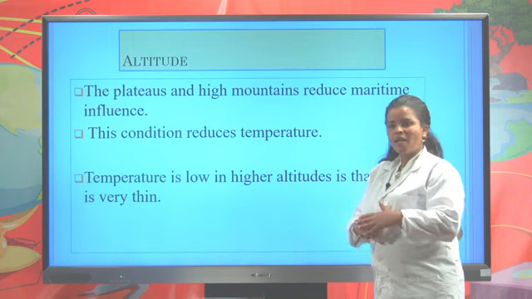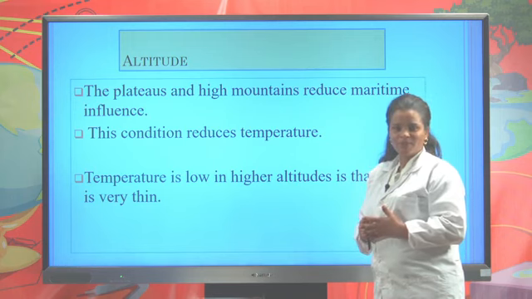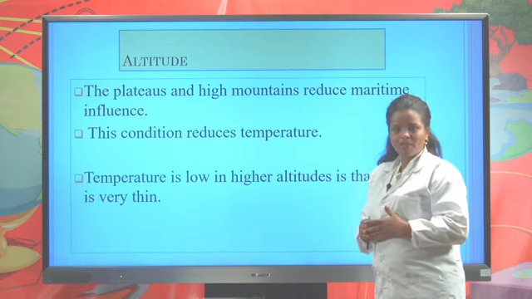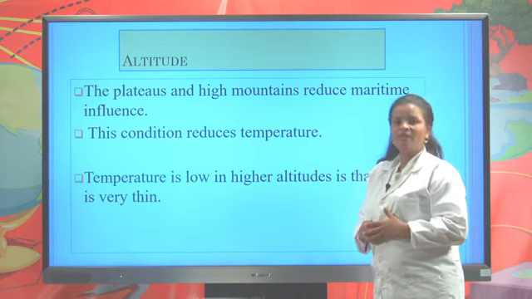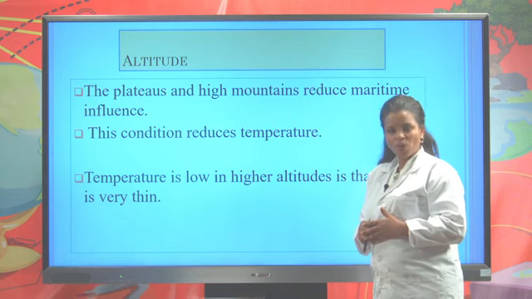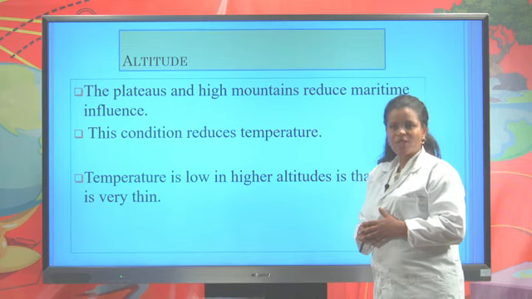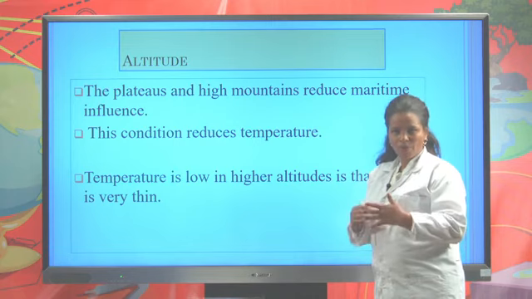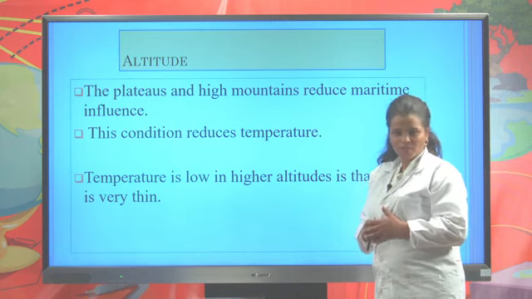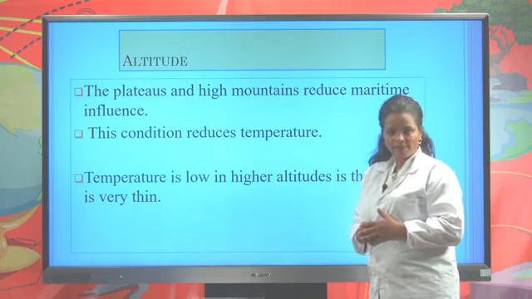Depending on their altitude, Africa receives different types of rainfall. For example, the very high land of Africa receives orographic rainfall. The lowlands receive convectional rainfall, because convectional rainfall is formed because of intense heat.